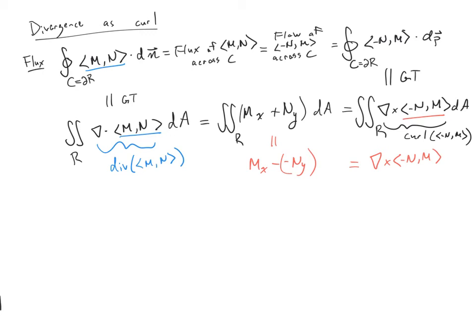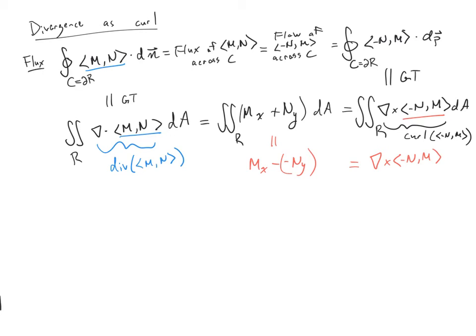You could turn it into a Green's theorem one, or into a flux or a flow integral, using your choice of whether you saw it as m comma n dot dn or minus n comma m dot dp. And this is really just your choice of two different ways.